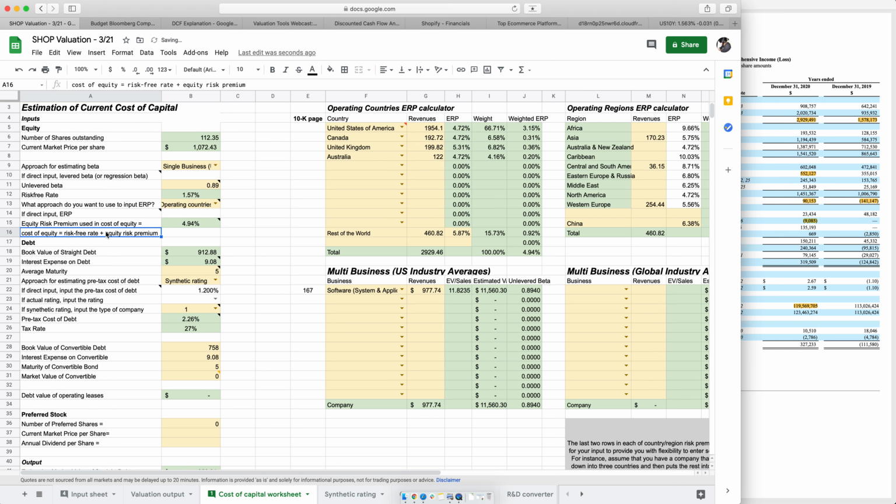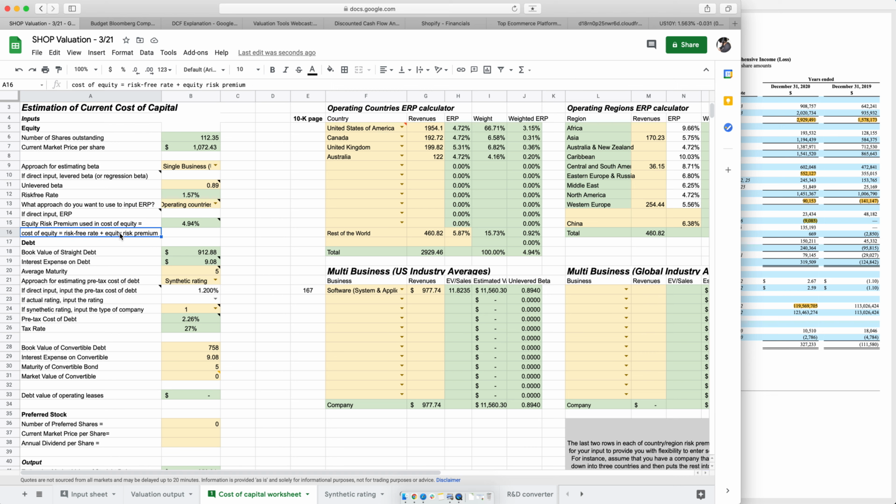So say you have 1.57% as your risk-free rate. How much extra percentage do you need to pay in order to get someone to give you equity money, to actually buy your stock?